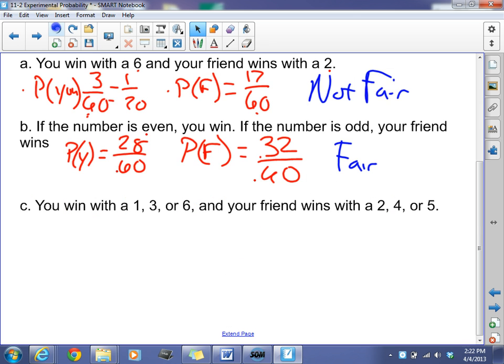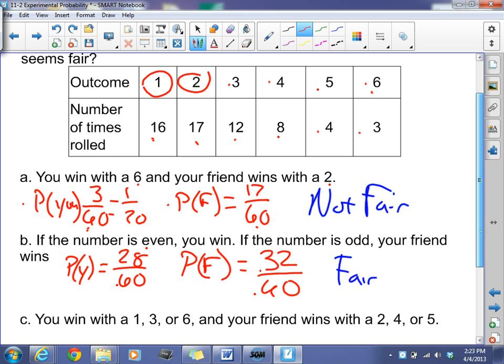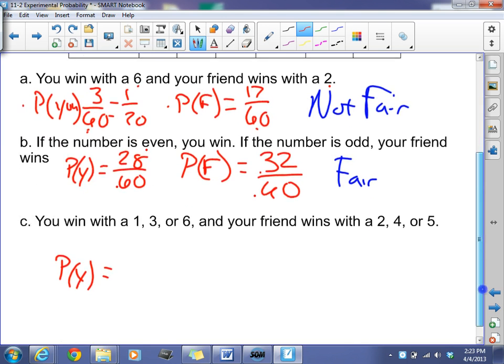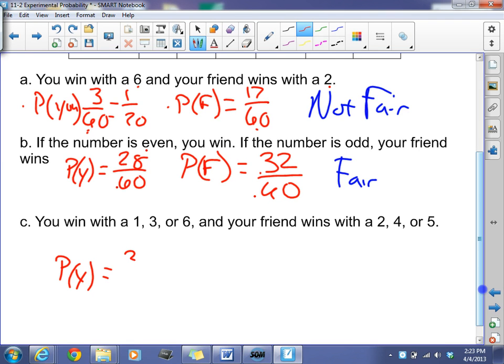Alright, there is one more. You win with a 1, 3, or 6, and your friend wins with a 2, 4, or 5. So once again, let's go ahead and add those up. So the probability of you winning is going to be, so 1, 3, and 6, so 16 plus 12 is going to be 28, plus another 3 is going to be 31. 31 over 60, because remember our 60 is our bottom number.